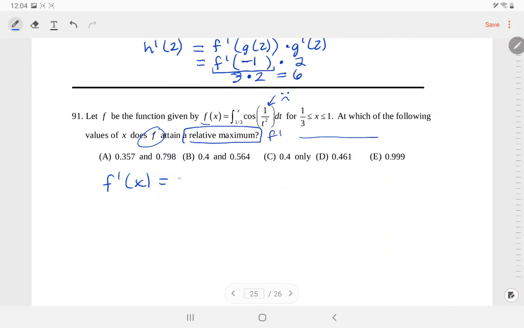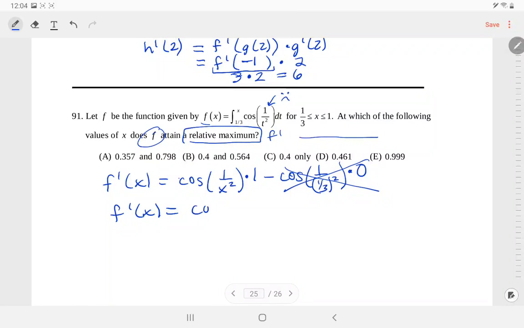So the derivative of that is substitute in the x times the derivative of the bound minus substitute in the x times the derivative of the bound. So that's 0. Okay, so f prime of x is cosine of 1 over x squared.